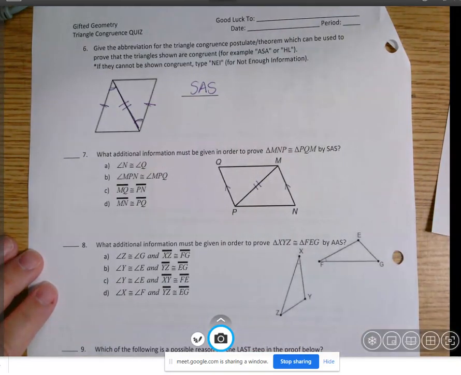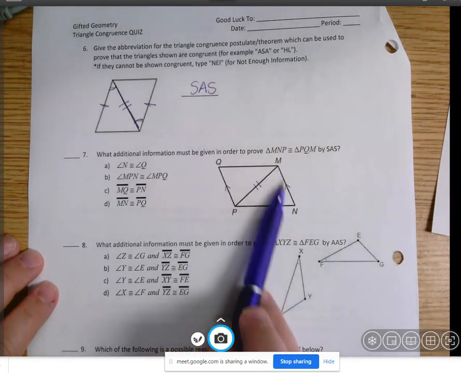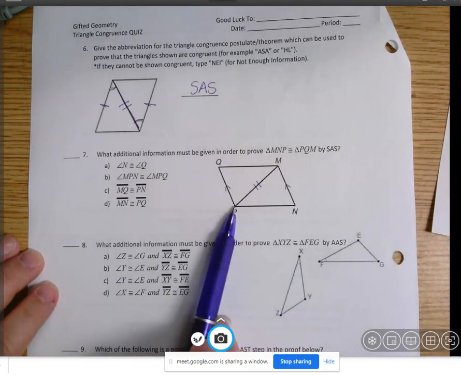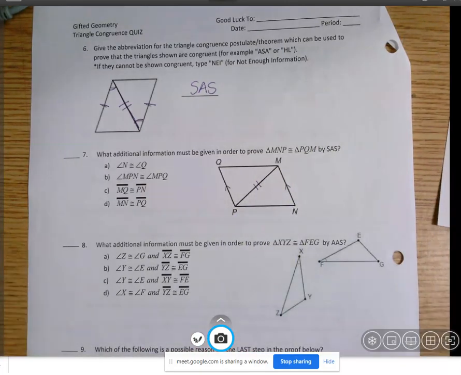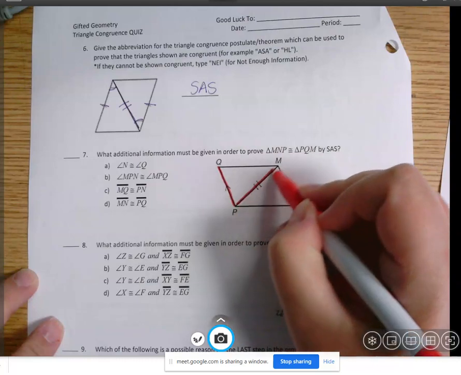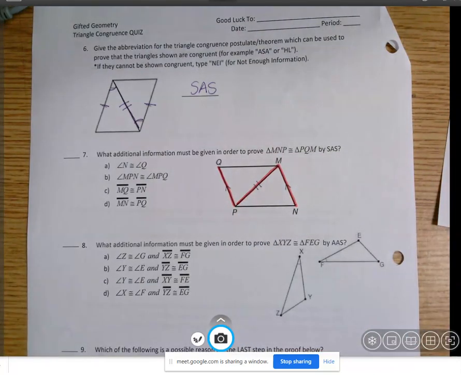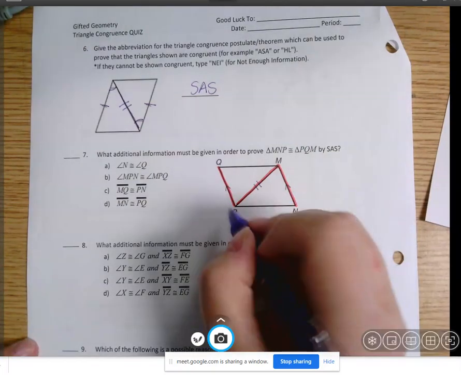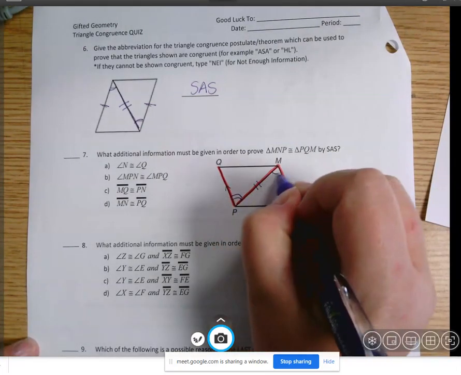The next thing I know is because I have parallel sides here, those are going to give me some alternate interior angles because they make like a Z shape, like a zigzag. The alternate interior angles are the ones that are like the inside corners of the Z.